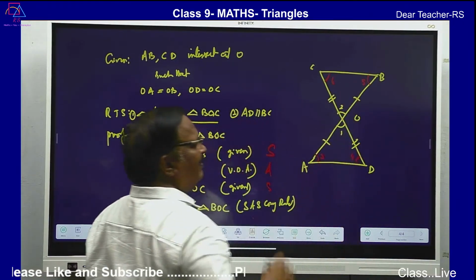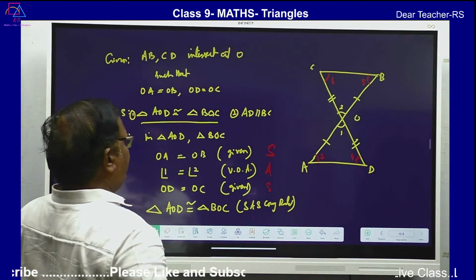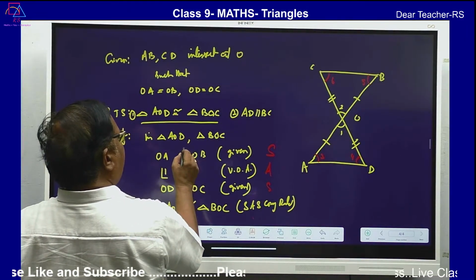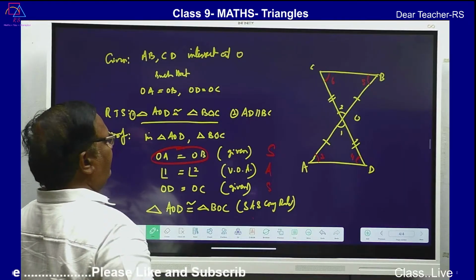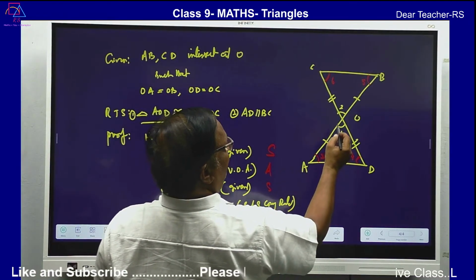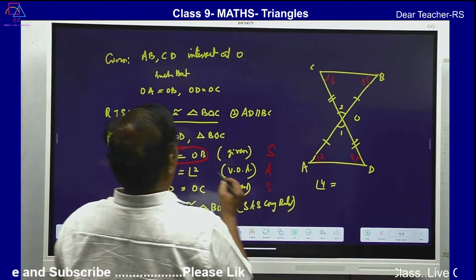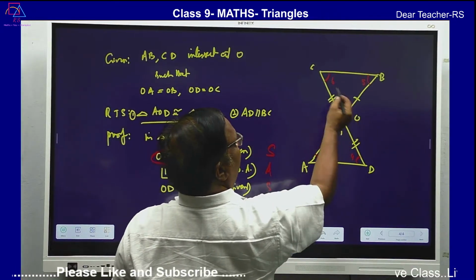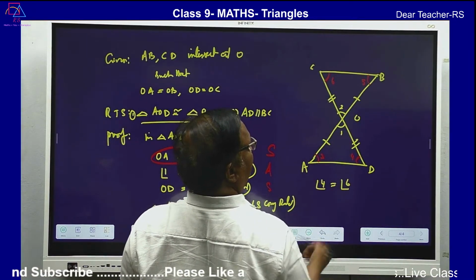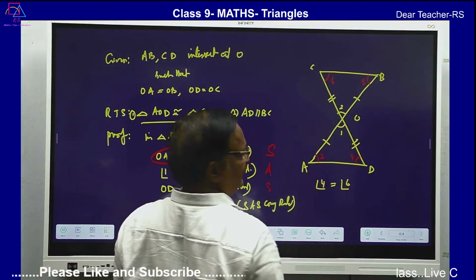So what are the opposite angles? OA's opposite angle, angle 4, is equal to OB's opposite angle, angle 6.